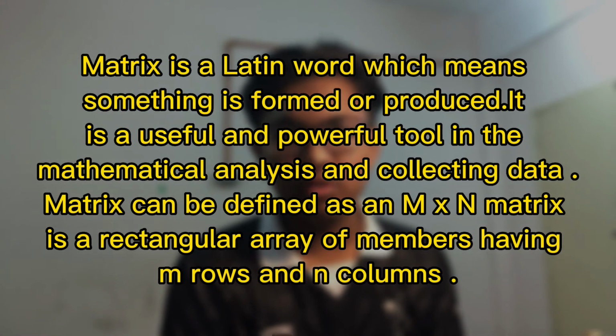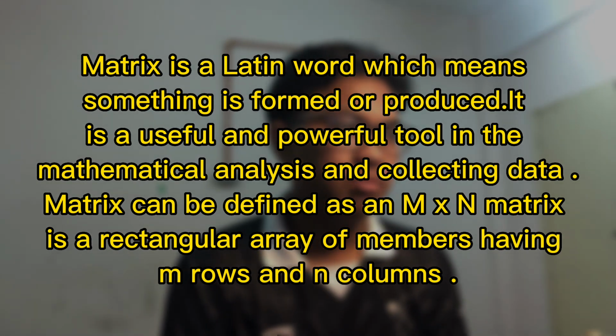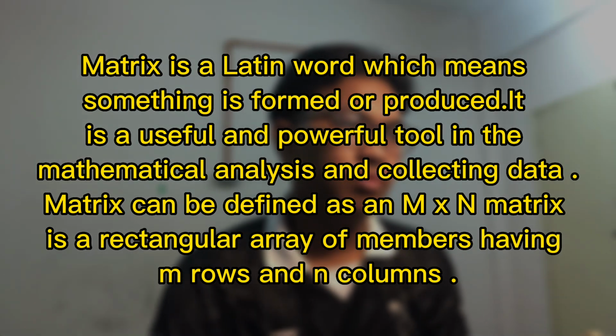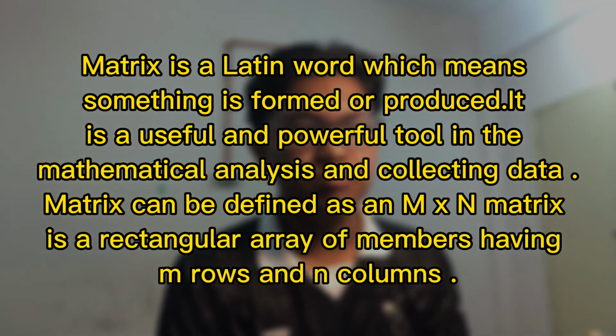As a conclusion, matrix is a Latin word which means something formed or produced. It is a useful and powerful tool in mathematical analysis and collecting data. An m times n matrix is a rectangular array of numbers having m rows and n columns.